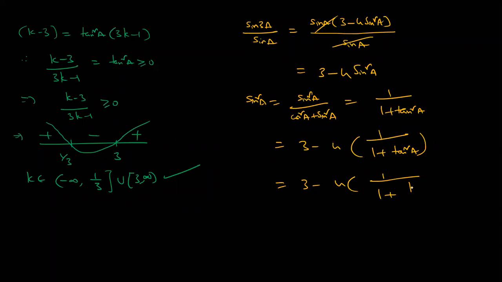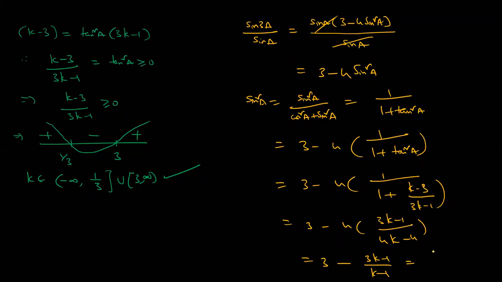So how much is coming? 1 plus K minus 3 by 3K minus 1. That is the tan square A here. So simplify. 3K minus 1 by 4K minus 4. So what is the result coming? 3K, 3K cancel, plus 1.